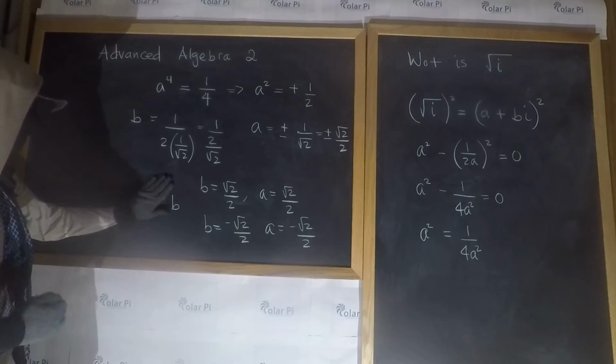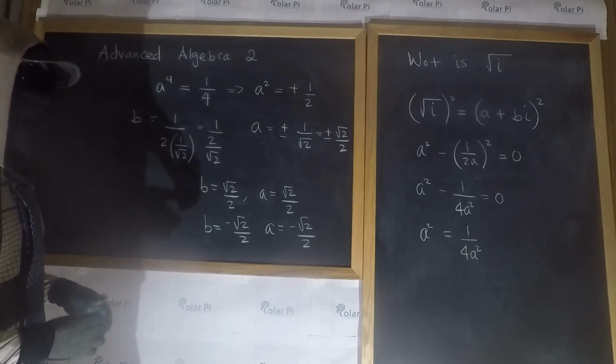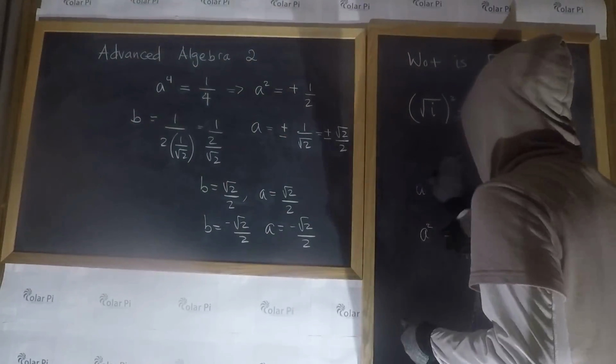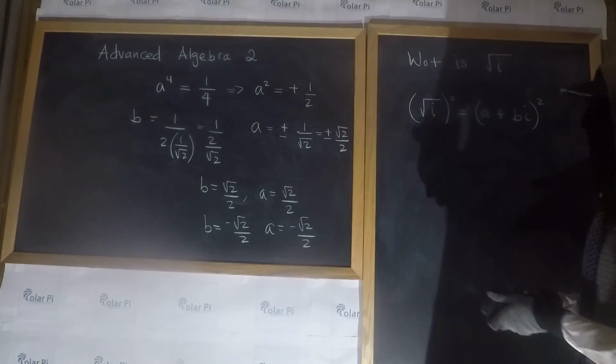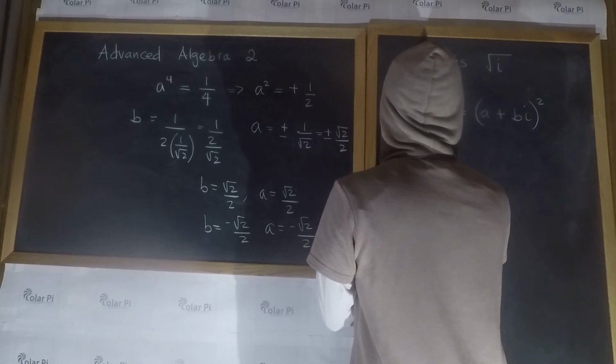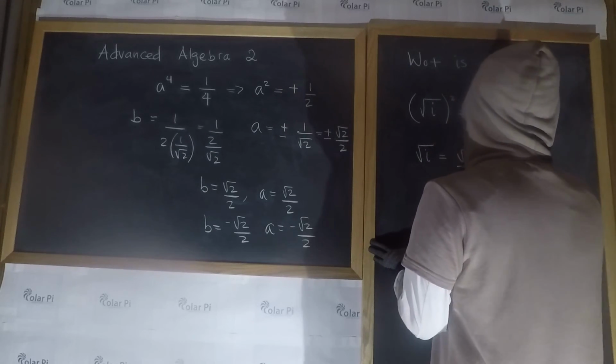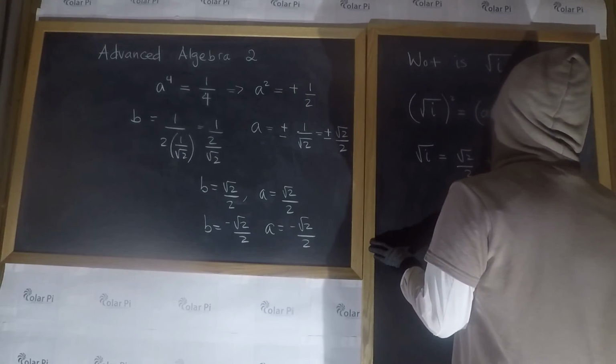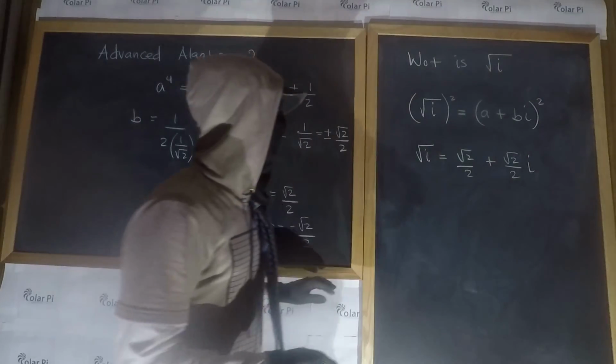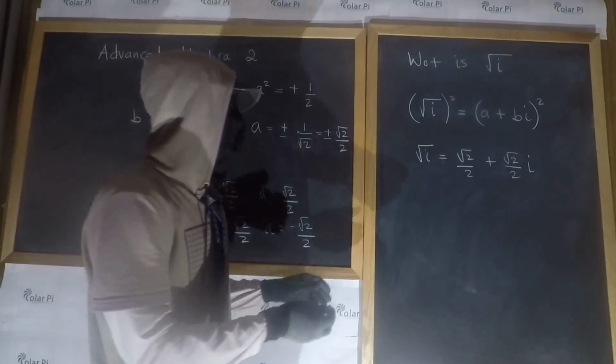So there are two answers to what is the square root of i. The square root of i is equal to root 2 over 2 plus root 2 over 2 i. That's a plus bi with the known a and b now.